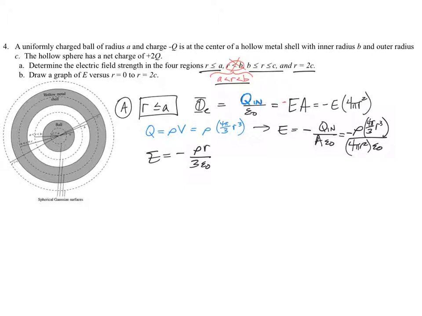All right. So there's our r less than or equal to a, but we're not done, okay? Because we need to consider what this charge density is. So one more little twist in the puzzle. Here, in this case, our volumetric charge density would equal some amount of charge, it's a minus Q in this case, per the volume.